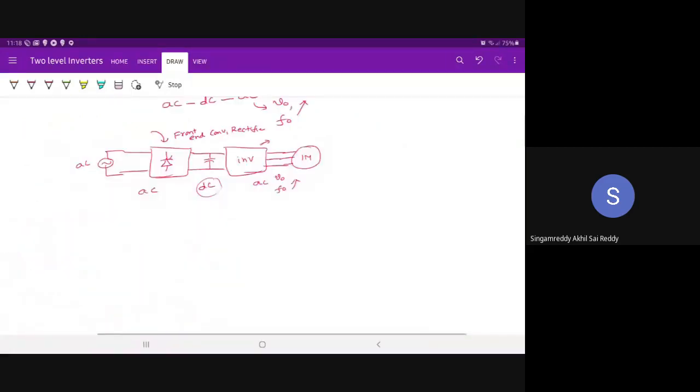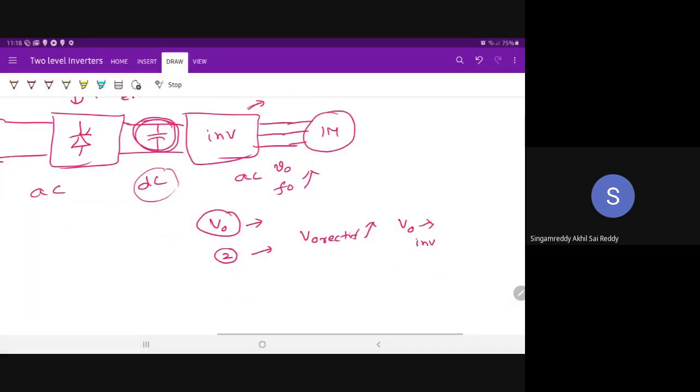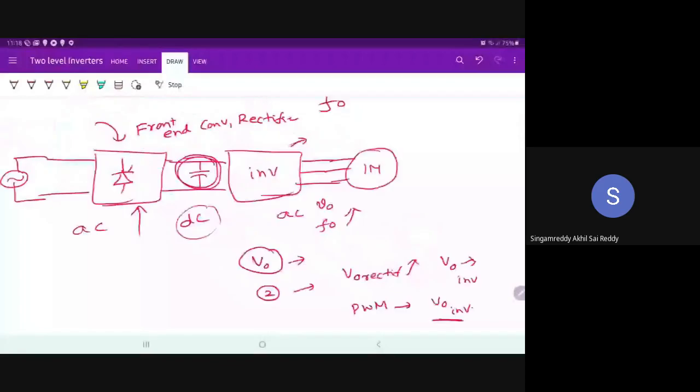To control the output voltage of this inverter, there are two methods. One method is by controlling the DC source: if you control the output voltage of the rectifier, then the output voltage V0 of the inverter can be controlled. The other is by using pulse width modulation techniques inside the inverter.